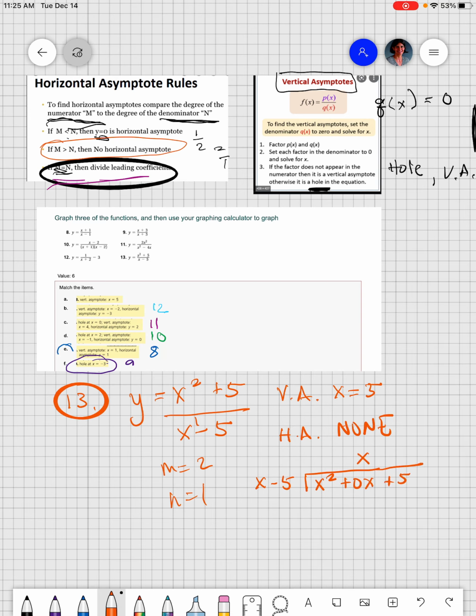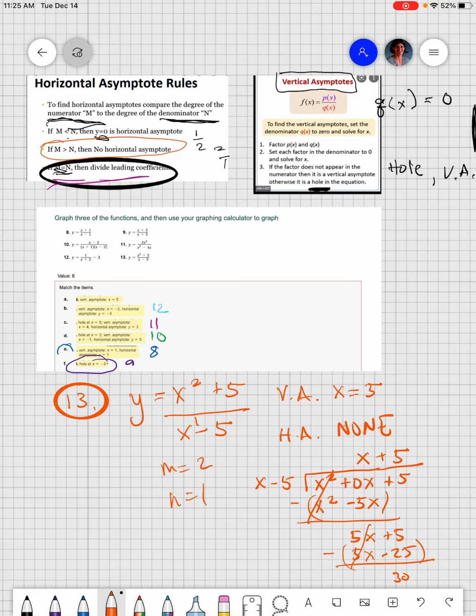So this is going to be x times x is x squared, x times 5 is minus 5x, and then I subtract, so that cancels, that becomes plus 5x plus 5. So I have to say plus 5, 5x minus 25, and I subtract, that cancels, that becomes 30.